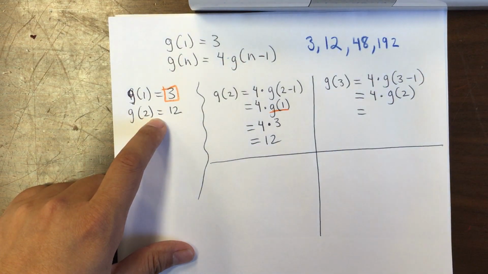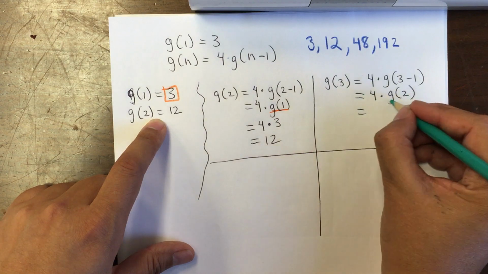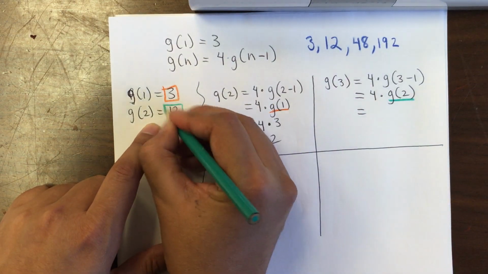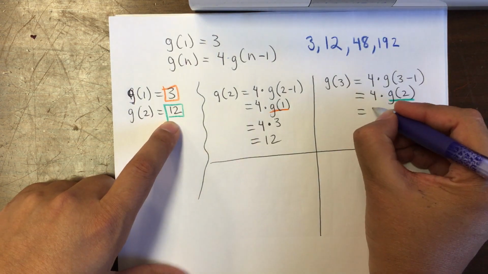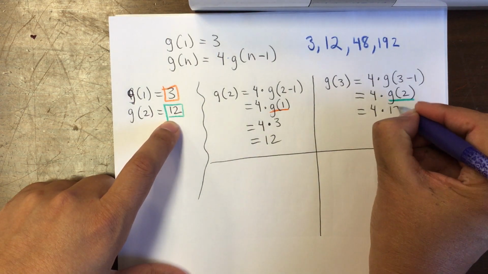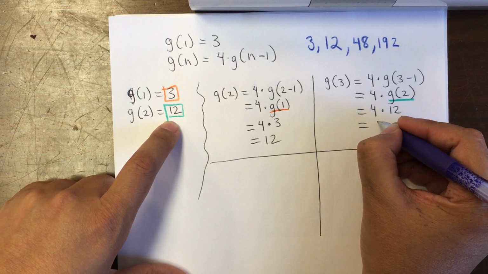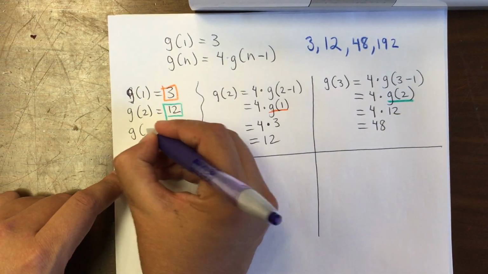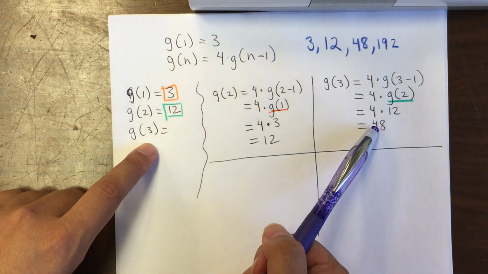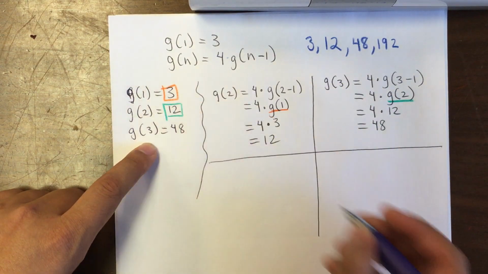And so it says replace g of 2 with the answer of g of 2. So it's 4 times 12, which is equal to 48. So g of 3 is equal to 48.